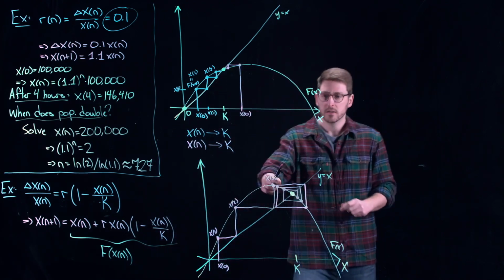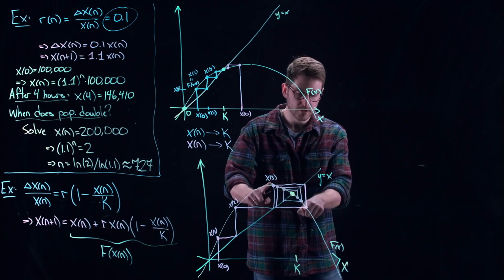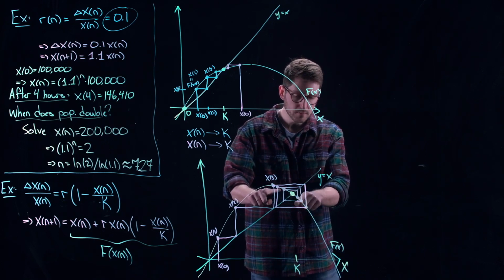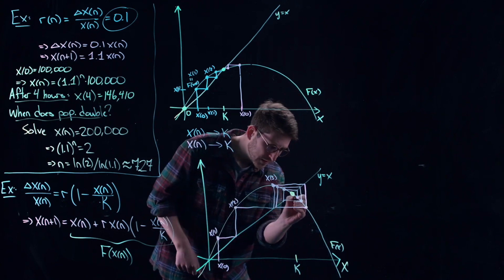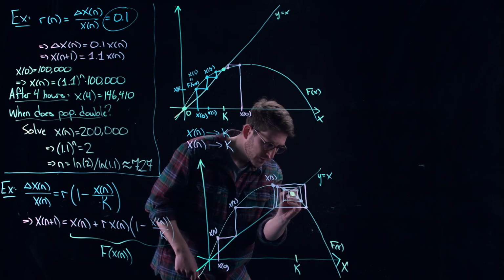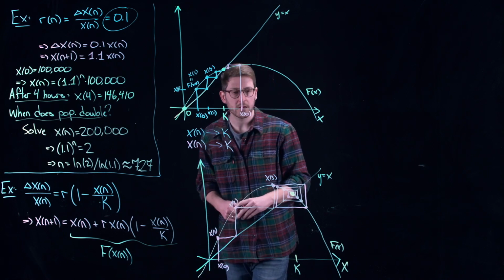So you can see it says, okay, way too many of us. Now bring that population down. Then way too many of us, bring that population down. And what you see in this case is you're essentially spiraling into the carrying capacity K.